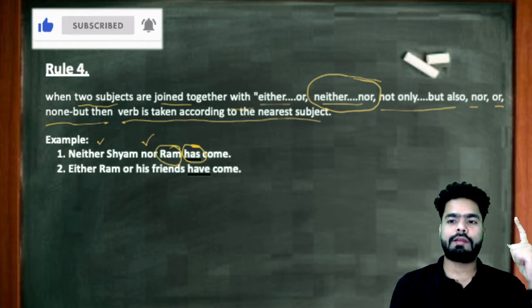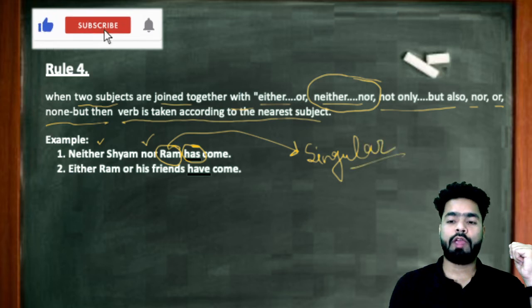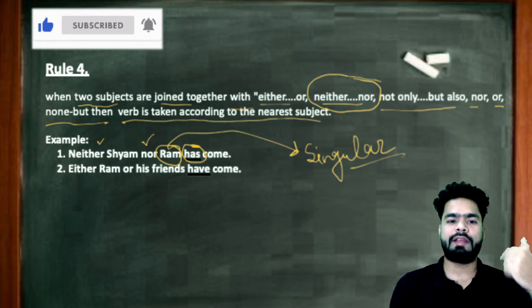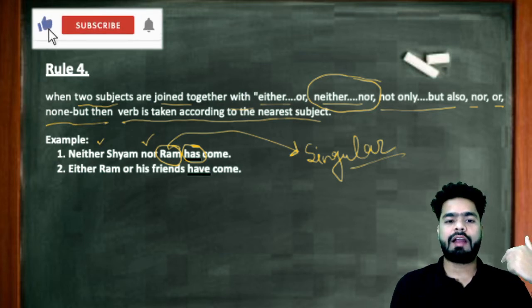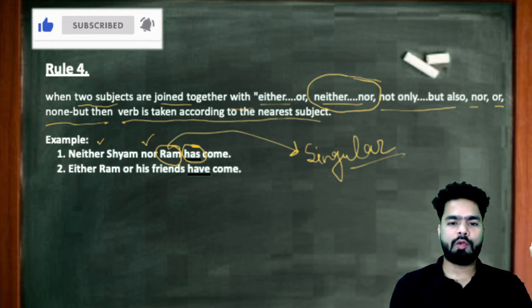Ram is singular. So what we have to do? We have to treat the verb according to the nearest subject, and because our nearest subject Ram is singular, we have to use the singular verb, that is has.